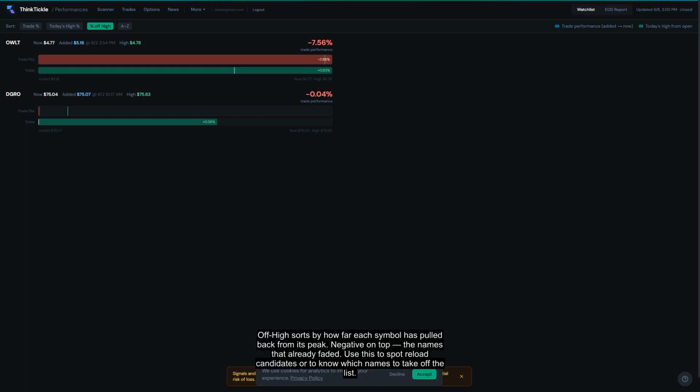Off-high sorts by how far each symbol has pulled back from its peak. Negative on top, the names that already faded. Use this to spot reload candidates or to know which names to take off the list.